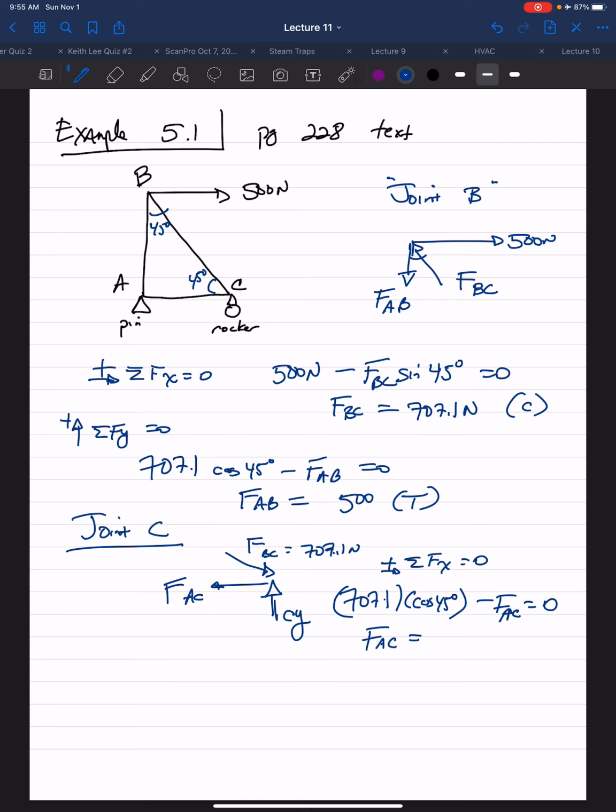FAC is 500 newtons and is pulling away from joint C, so that's in tension. And those are the forces in the members.